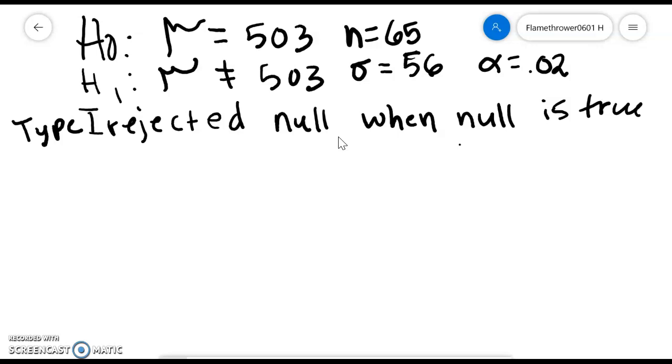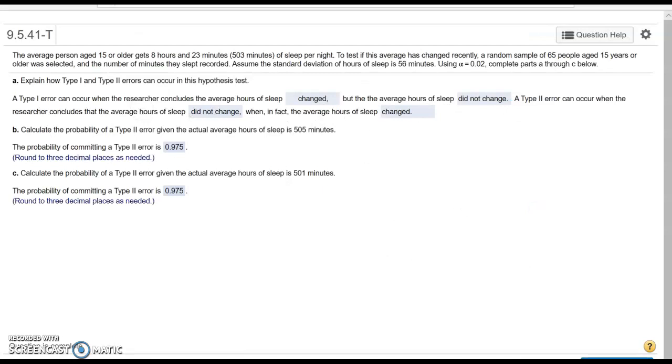We rejected that it did not change when really it did change. A type 1 error occurs when we conclude that it changed, but really it didn't change, because we rejected something that wasn't true.